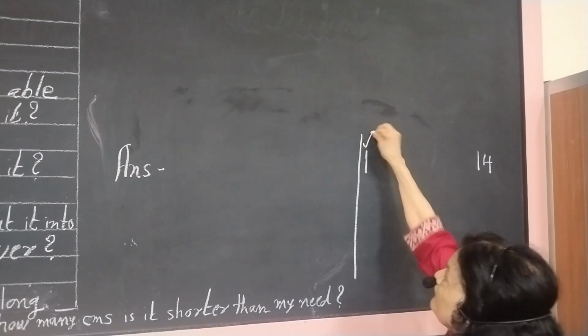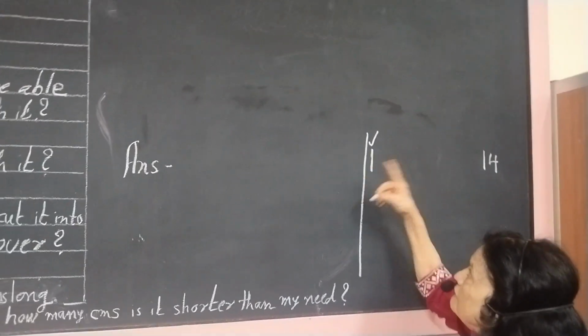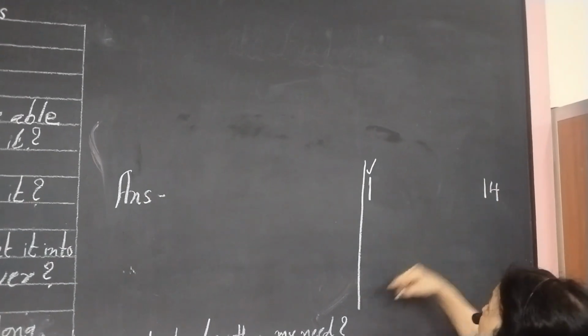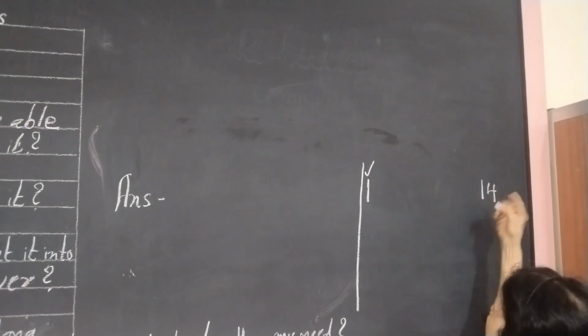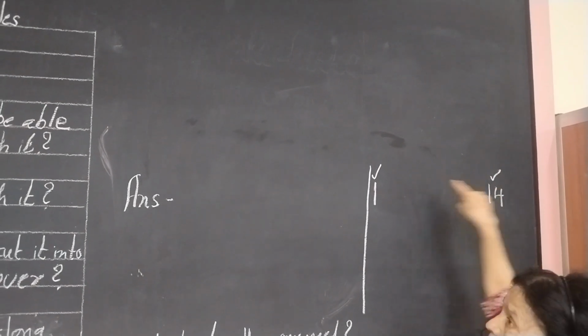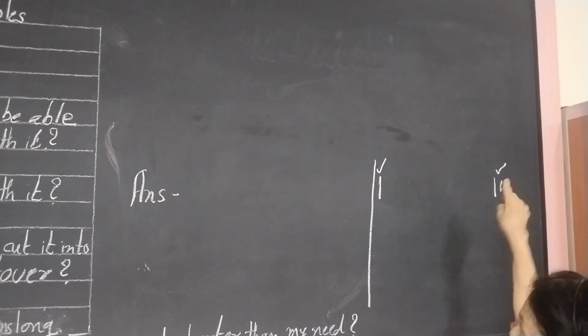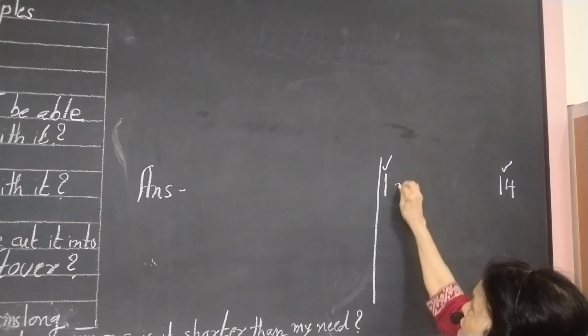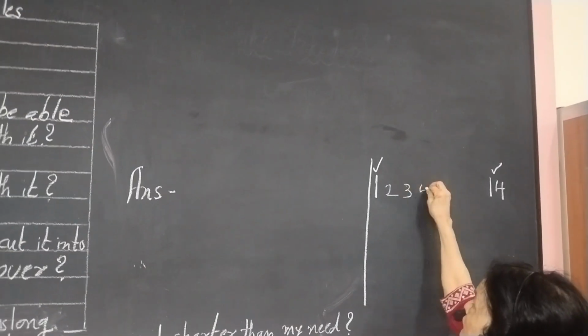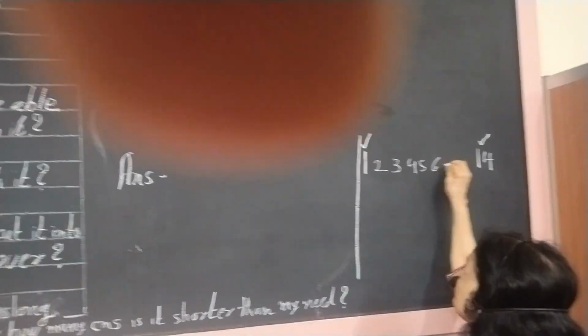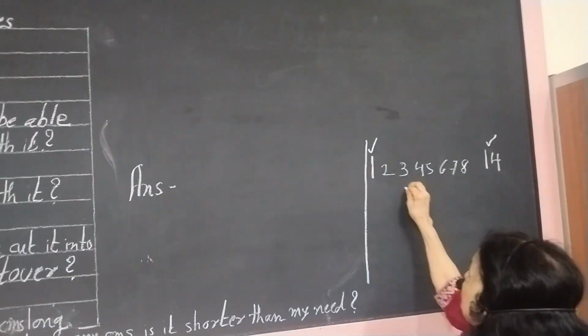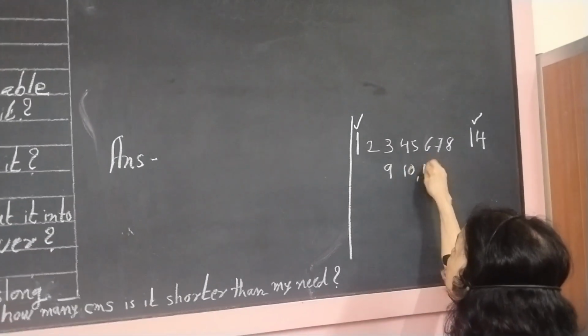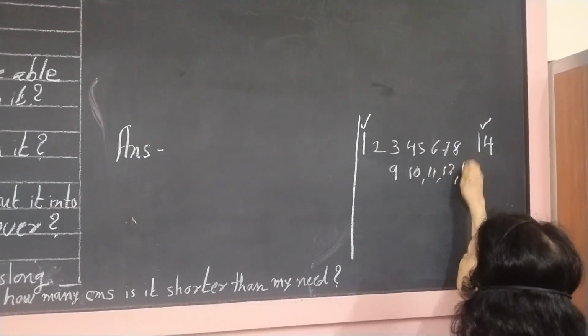This is a factor of 14 because 1 14 is 14 and 14 ones are 14. So these two are definitely factors of 14. Then the numbers follow like this: 2, 3, 4, 5, 6, 7, 8, 9, 10, 11, 12, 13.